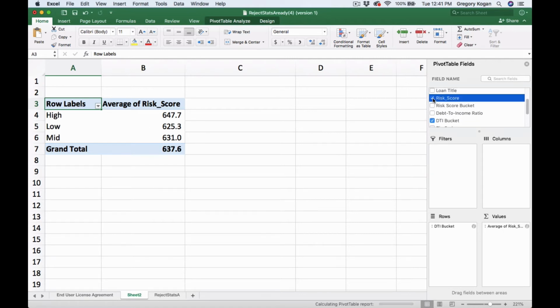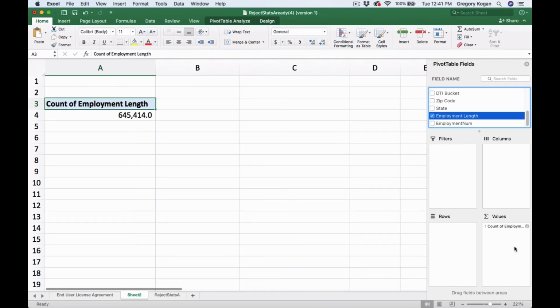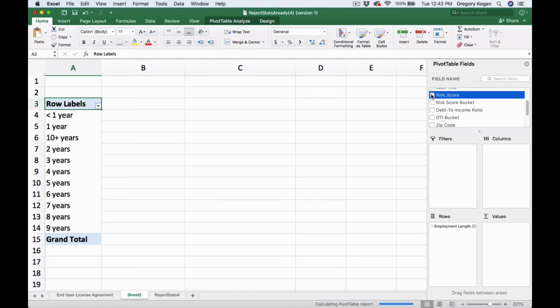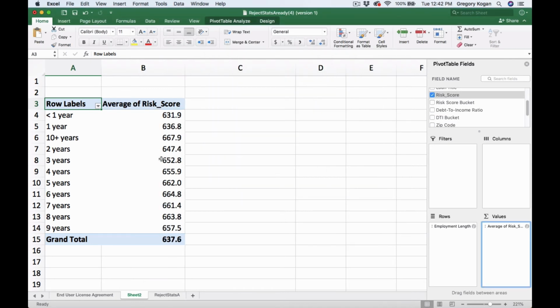And then we can also uncheck all of that. We could also look at employment length on the left hand side in rows, and we can look at the average risk score perhaps as well. So let's see here, maybe we'll make this the average, and you could see where the average scores are.